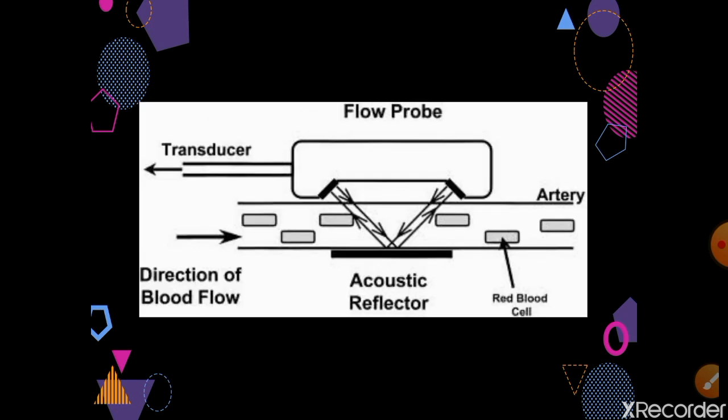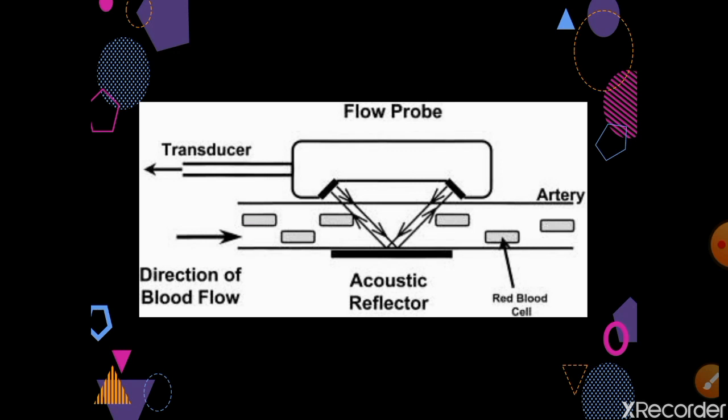Another popular method used to study the blood flow is known as the ultrasonic Doppler flow meter. In this method, a probe is placed over the blood vessel through which the blood flow is to be measured. This probe contains a crystal. This crystal, when energized, transmits an ultrasound at a frequency of several 100,000 cycles per second.